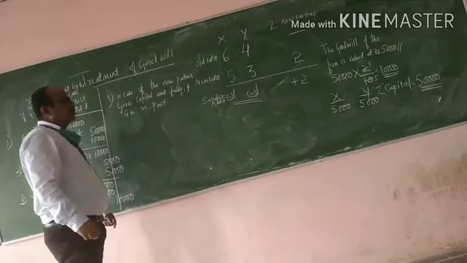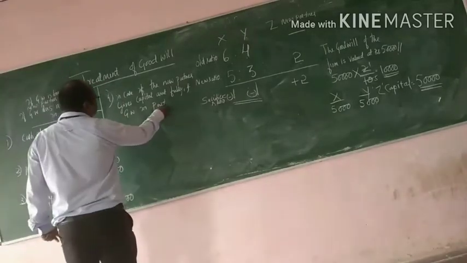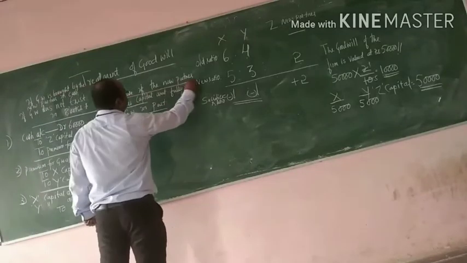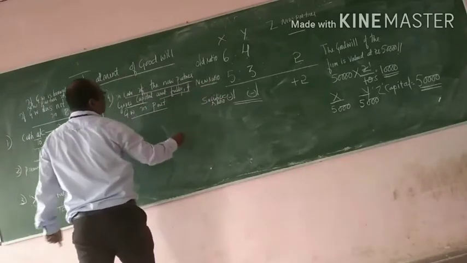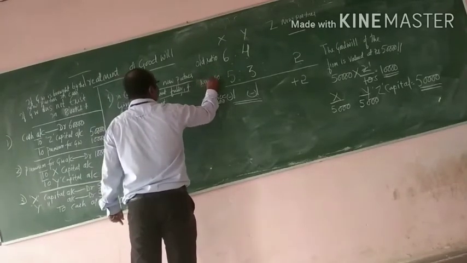So the total goodwill amount in this example we have taken as 10,000. In case he gives only 5,000, then what will be the journal entry? What will be the journal entry? Let us see here.